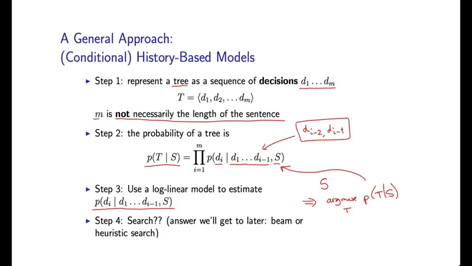We won't be able to make use of the tricks we saw in dynamic programming to give us an exact but efficient algorithm for search in these models. But we'll see that we can use something very similar to the kind of beam search algorithms we saw for phrase-based decoding. We can use a very similar kind of algorithm in this particular context.